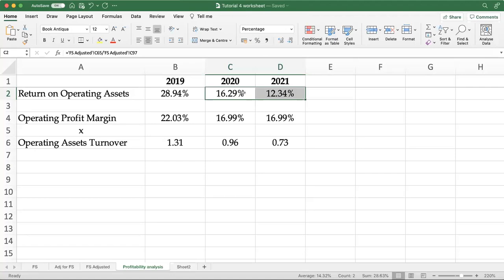But from 2019 to 20, return on operating assets declined because of these two major reasons: decline in operating profit margin and decline in operating assets turnover.